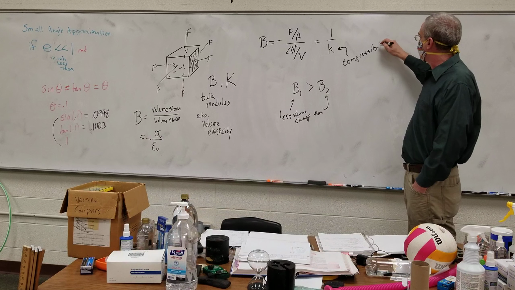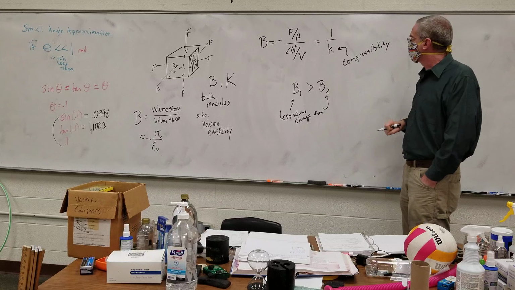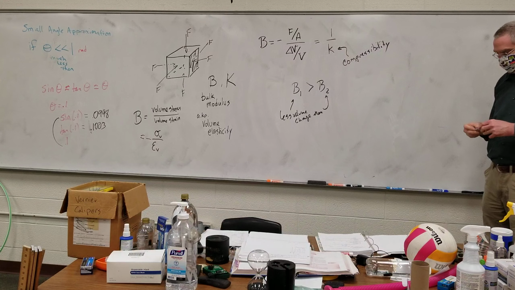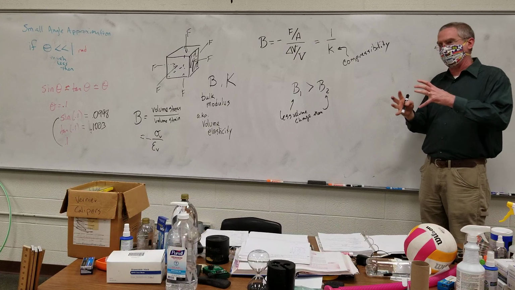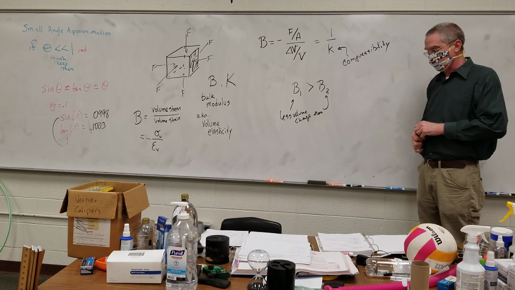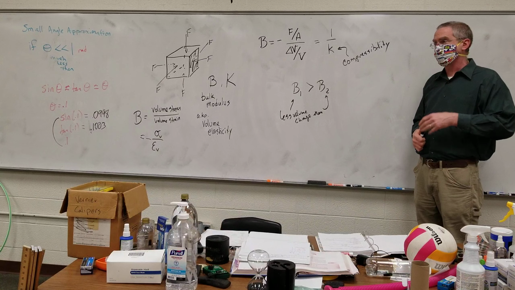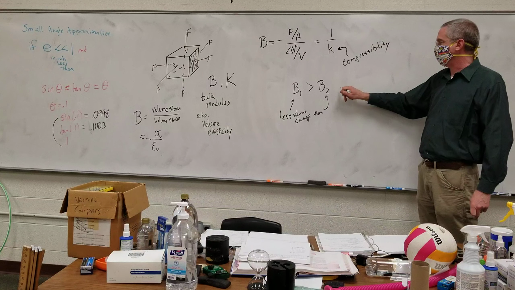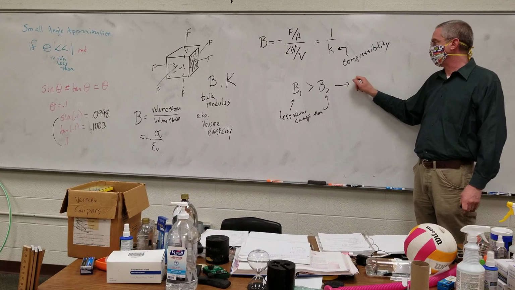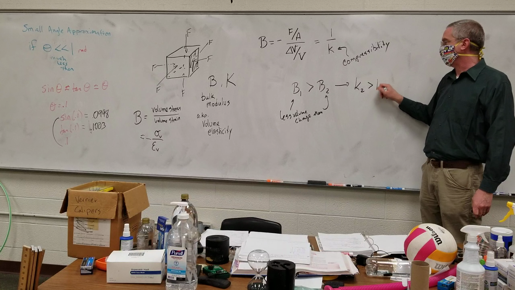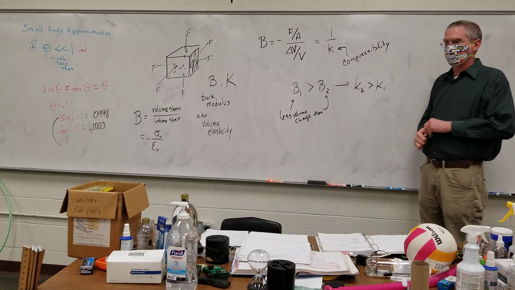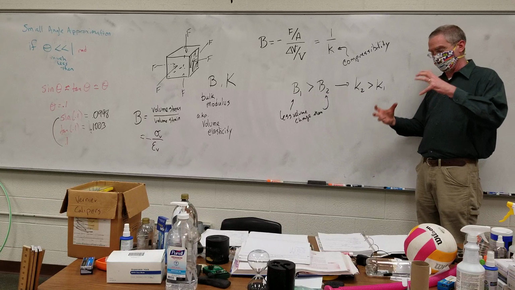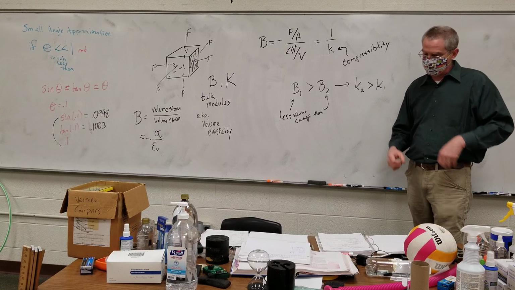The more compressible it is, the greater the compressibility. So if B1 is bigger than B2, then K2 is bigger than K1. It's more compressible. It's more apt to change under this pressure coming at it.